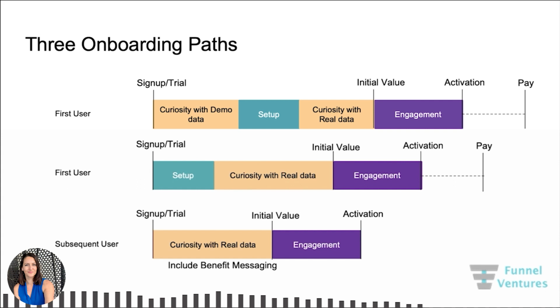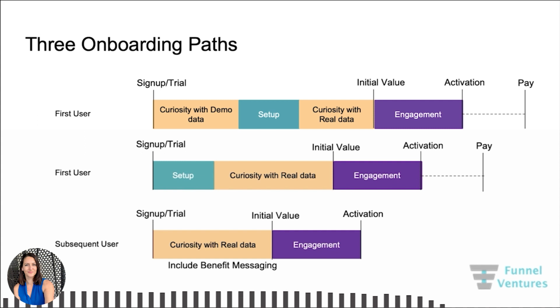Also, what you'll notice from this diagram is that different SaaS tools can take different approaches to getting the user to their aha moment. If it's the kind of tool that requires a lot of setup, then in order to extend the user's curiosity period, you may need to leverage demo data to illustrate what they can achieve with your tool. So think about which path your tool takes and whether you can get your users to initial value before their curiosity runs out.